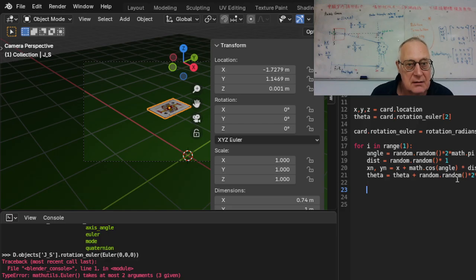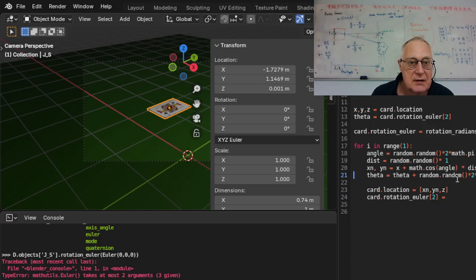And then card.rotation is equal to x and y and z. Card.rotation_euler is equal to... I think I can just do this.